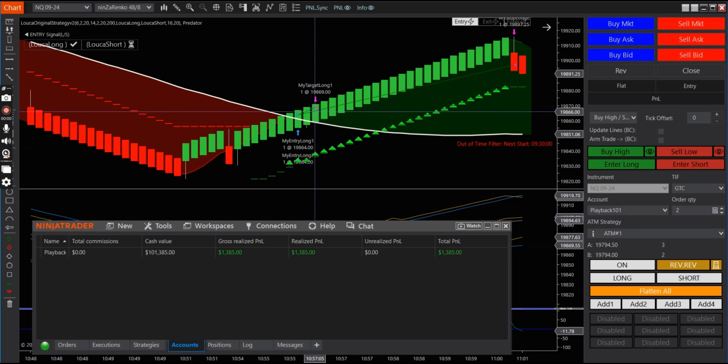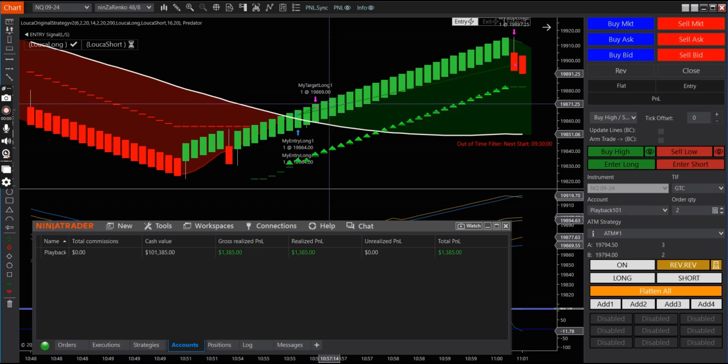I noticed that some of the trades were taking long on a red candle. So I said, let me go back and change the setting to add a break before taking a trade. Right at the signal candle, before taking a trade, you want to make sure that the next candle breaks the high of the previous candle.